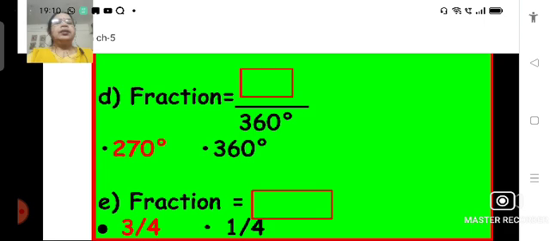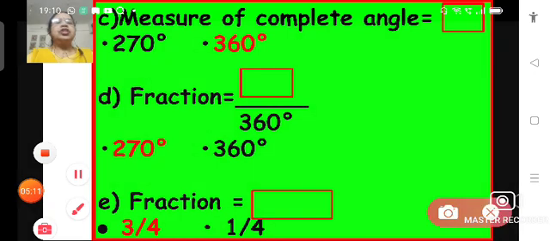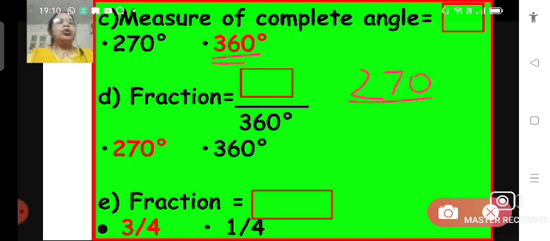Then what will be the measure of complete angle? We know that a complete angle is 360 degree. So what will be the fraction? It is 270 out of 360. So the fraction of revolution will be 3/4.